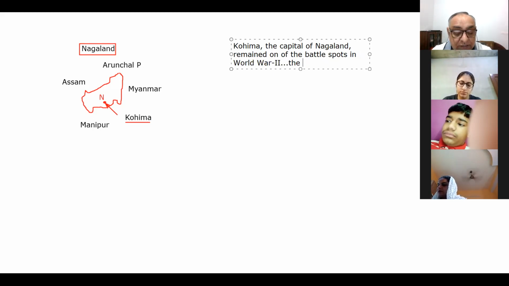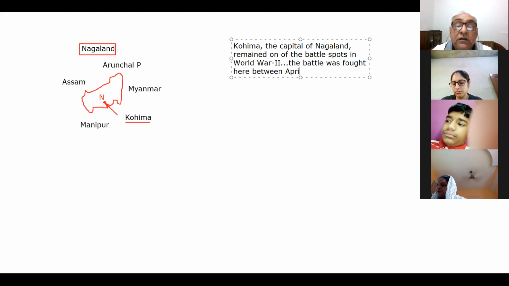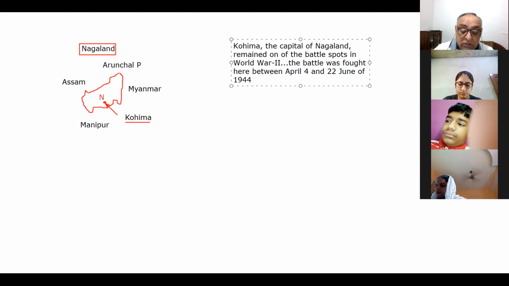The battle was fought here between April 4 and 22 June of 1944. This was the period when the battle was fought in Kohima also.